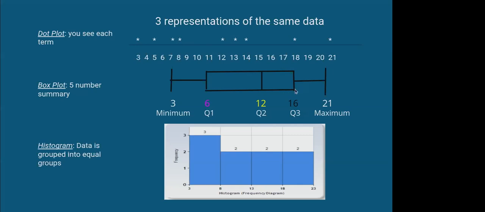So again, if you don't need specifics, and just need to get an idea of what the data looks like, you can possibly use a box plot, because it is a 5-number summary of max, mins, and middles. The box is made up of middles, the medians. The box is in the middle because it's made up of the middles.